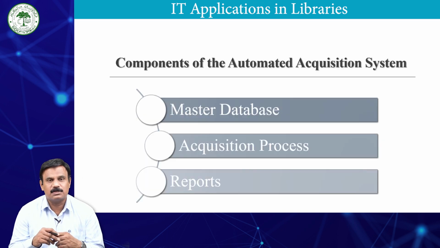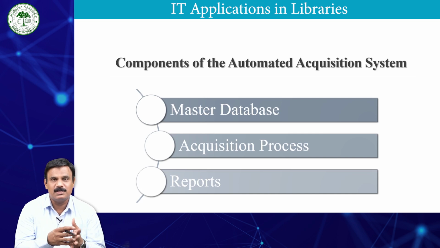Let us see the next area, that is the components of the automated acquisition section or acquisition system. What are the different important parts you will find in the acquisition system? You may have master databases, you will have the acquisition process, and you will have the reports.